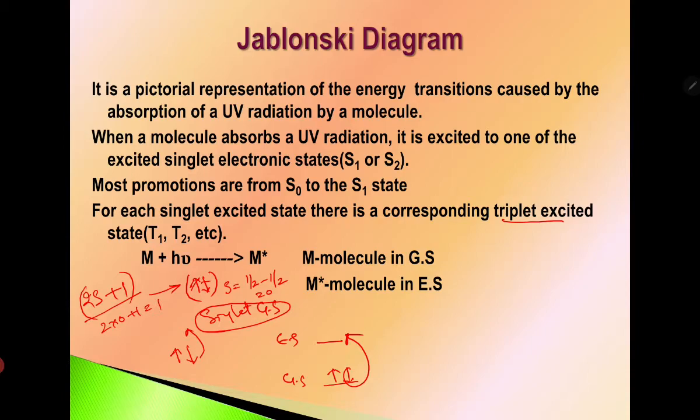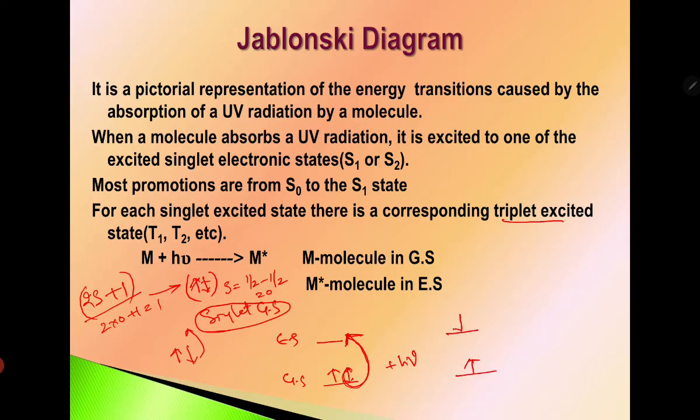The electron may get excited to the higher levels with the same spin, or it may jump to the higher levels by changing its spin. I will show you.